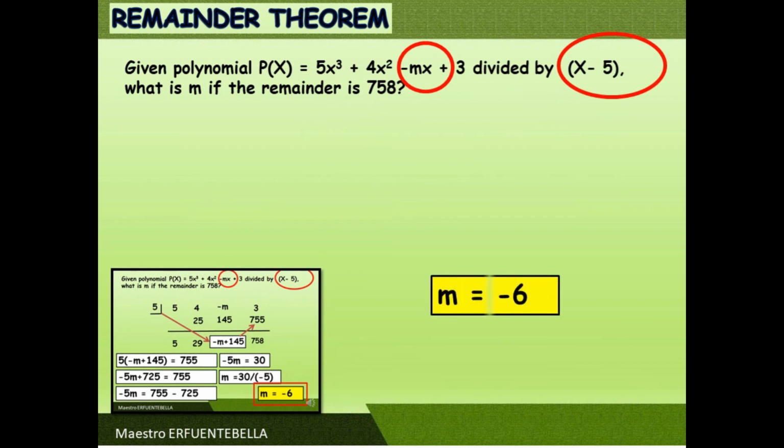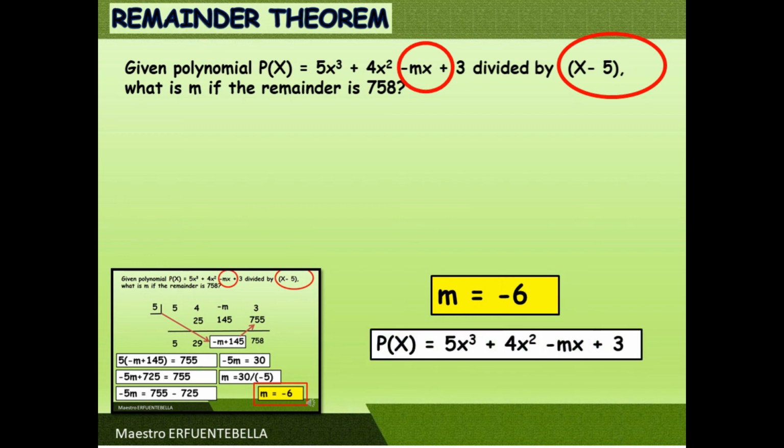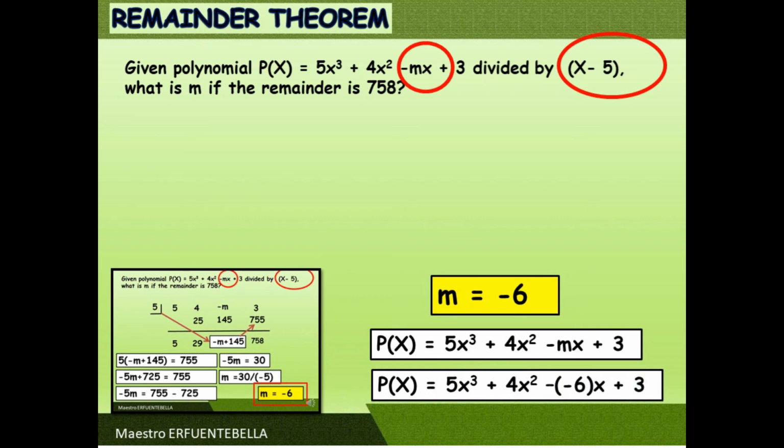Since m equals negative 6, the given polynomial can be written as p of x equals 5x cubed plus 4x squared minus your m, which is negative 6, times x plus 3. Okay? So be careful of the sign. Only m is negative 6. The subtraction or the negative sign is outside m, where m is negative 6.